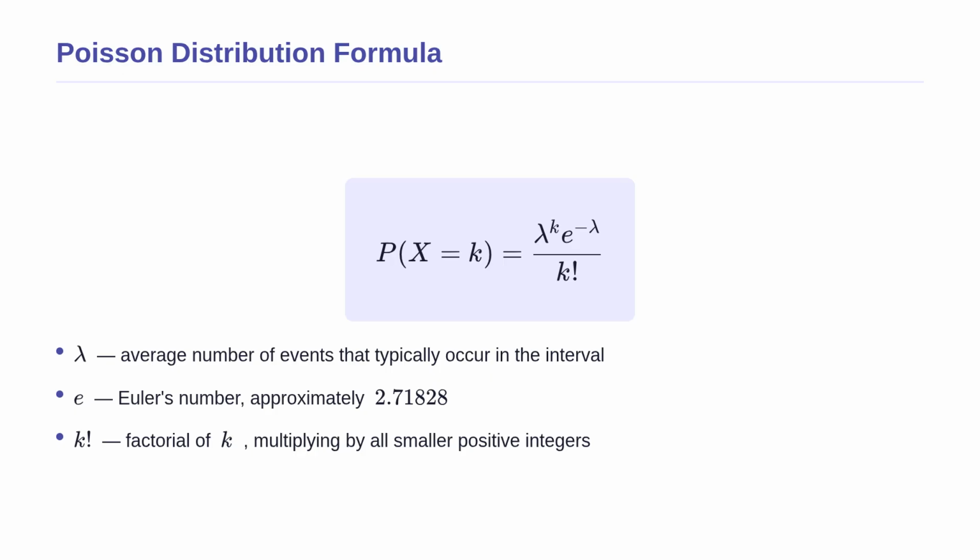The letter e is Euler's number, a mathematical constant approximately equal to 2.718, which naturally appears in growth and decay processes. Finally, k factorial means you multiply k by all positive integers smaller than it. If the average rate lambda increases, the peak of the distribution shifts to the right, meaning you are more likely to observe a higher number of events.